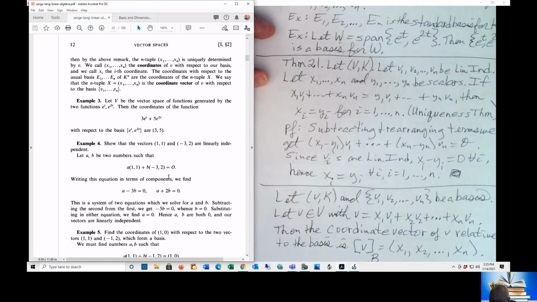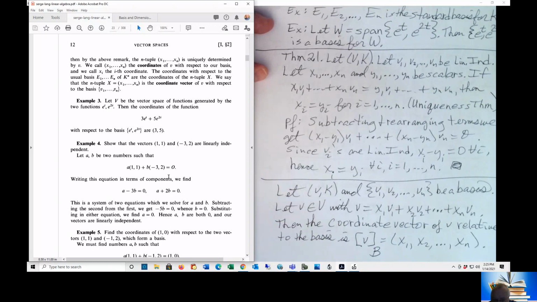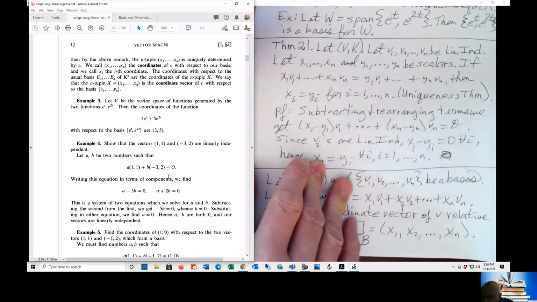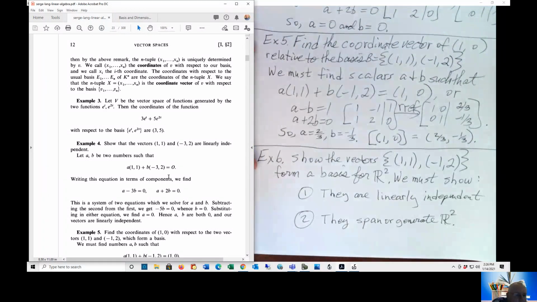And those unique scalars form what we call the coordinate vector of that particular vector v relative to the given basis B. So there's the definition of a coordinate vector. Let's look at some examples.